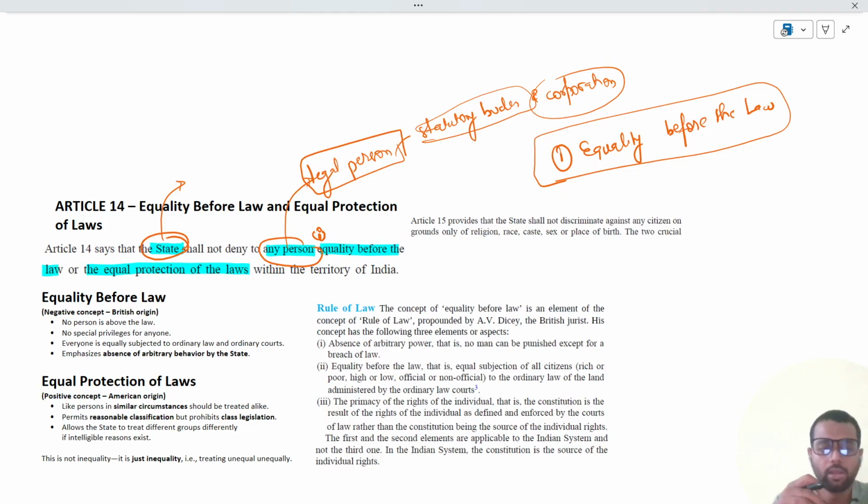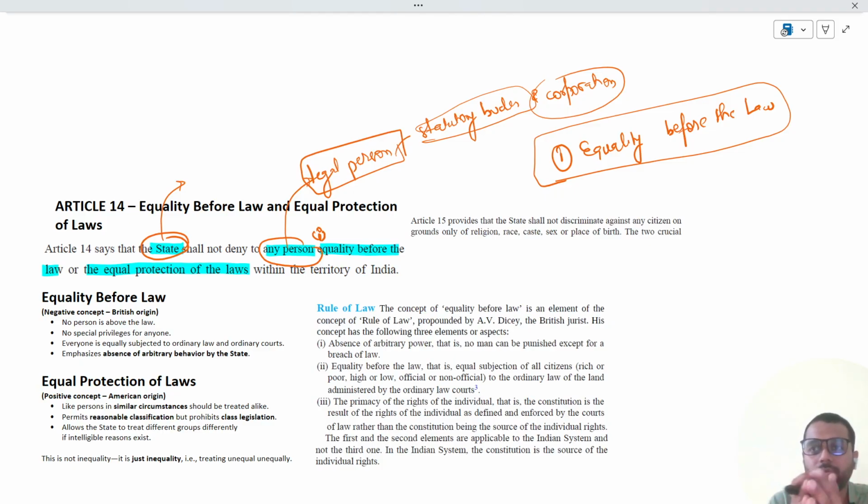Another example: suppose I am an MLA and I want to register a case in the police station. I will also have to file an FIR, first information report, in the police station for my case to get registered. The process that a common man has to follow is the same. The common man will also go and ask a police officer to register his complaint, to register an FIR.